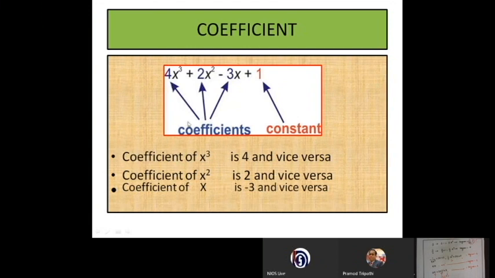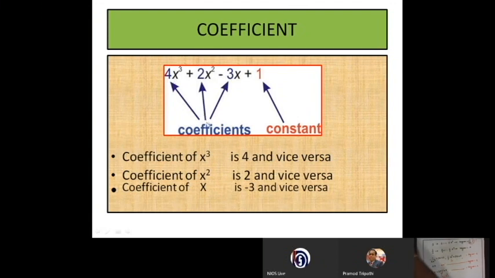So these are known as the numeral coefficients. The coefficient of x cube is 4 and vice versa. The 4 is the coefficient of x cube, and x cube is also the coefficient of 4. So both are vice versa here.